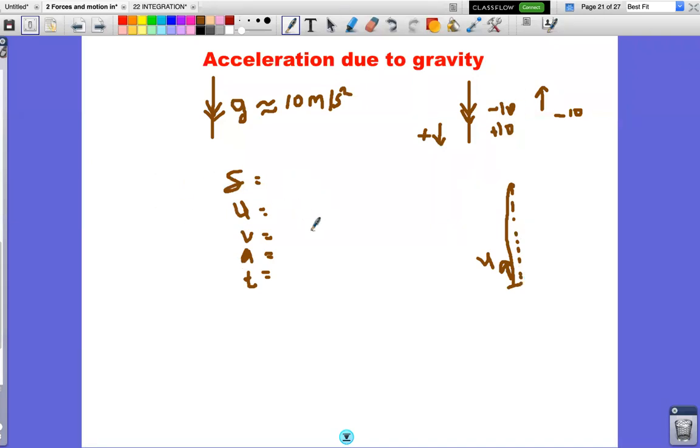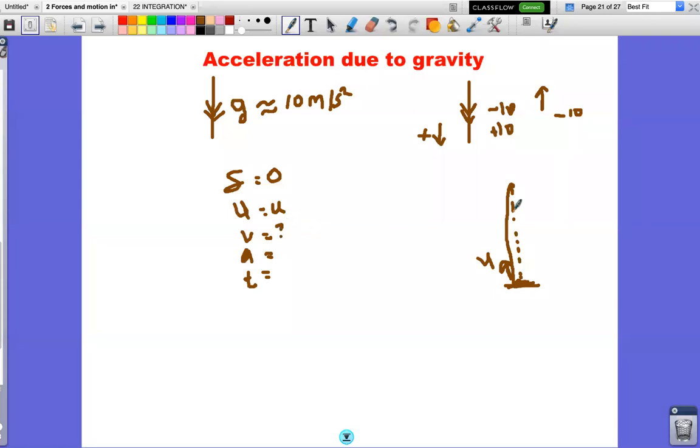So you will use your SUVAT equations. When it comes back to this point, your s is 0. Your u remains whatever you had there. We are not interested in v, the speed with which it comes back here, but we can find v.